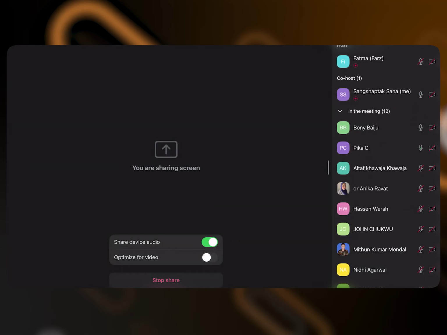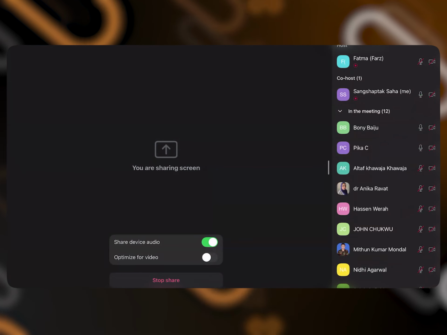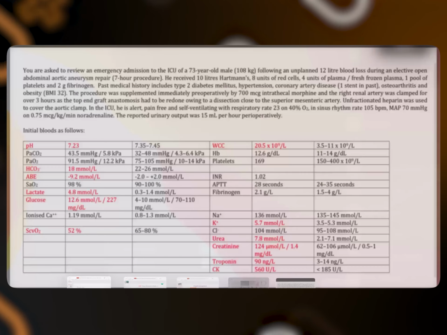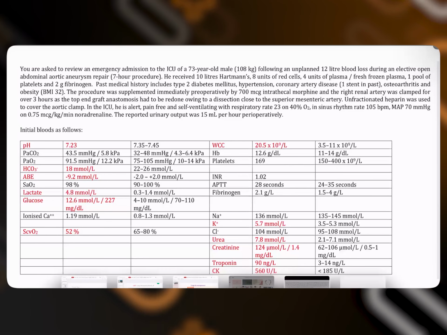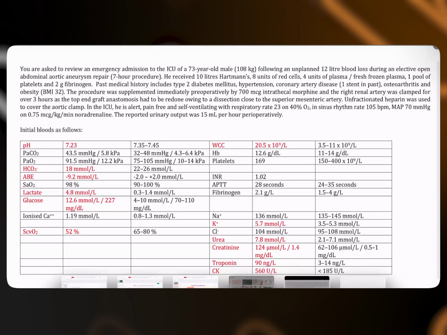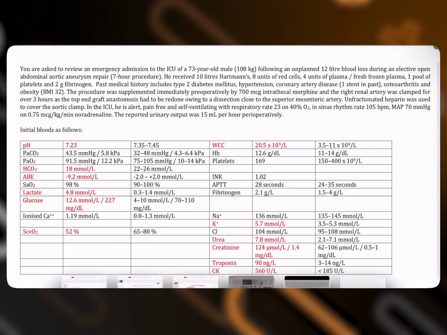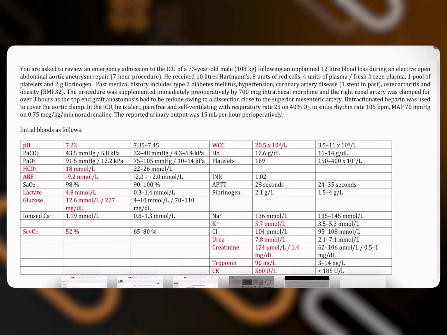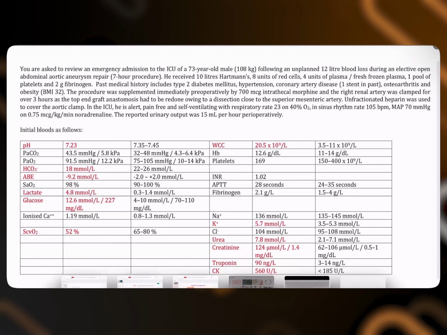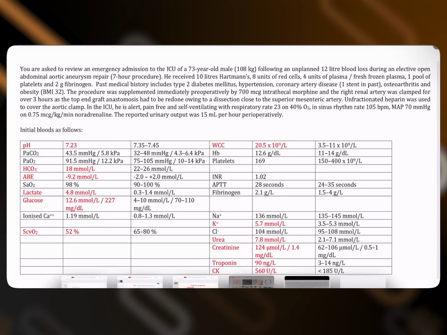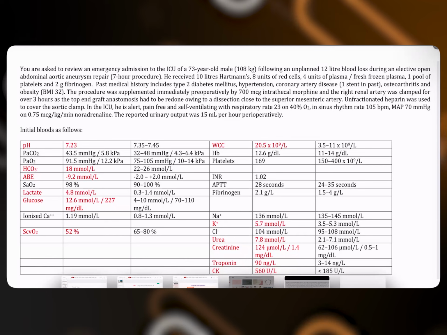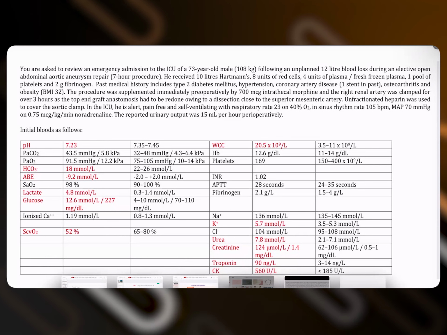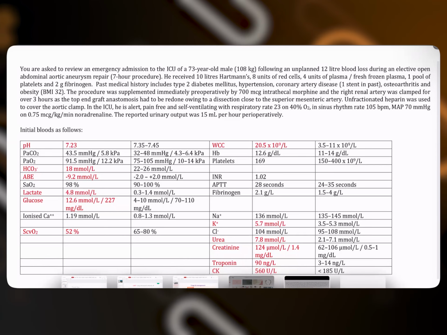Sir, this is a 73 years old male patient, possibly obese, a post-op case of abdominal aortic aneurysm repair. Presenting with hypoxemia, perhaps, because FiO2 is 0.4 and PaO2 is 91, saturation 98% on FiO2 of 0.4.